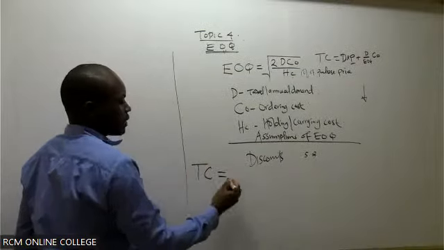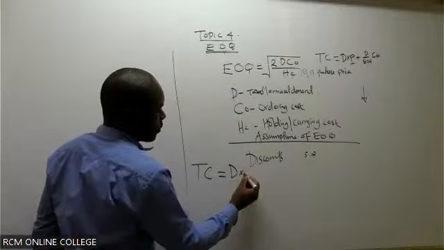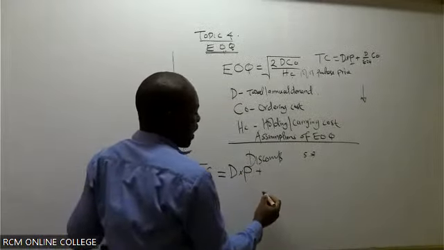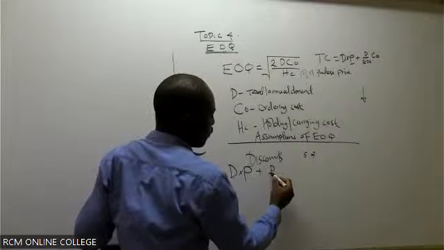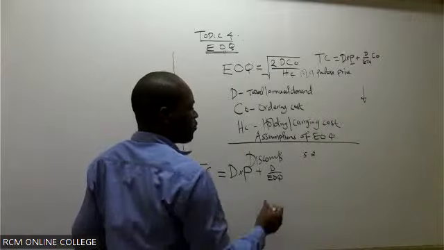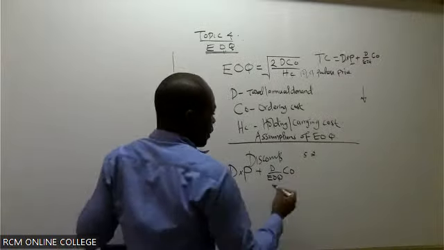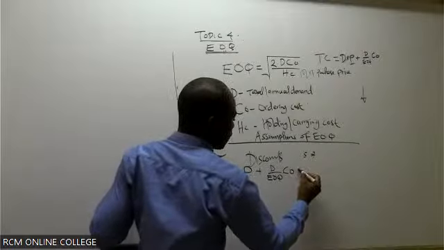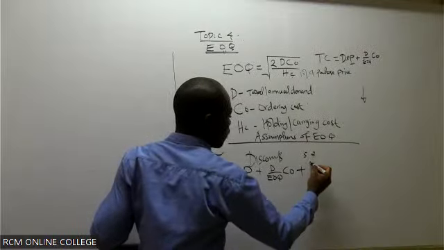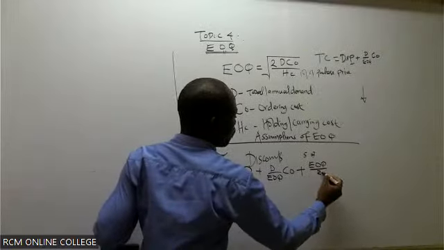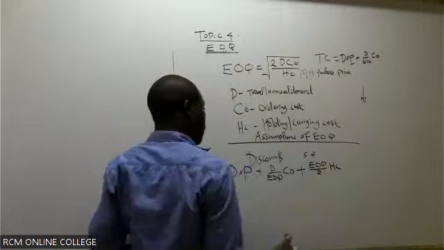is calculated as demand multiplied by purchase price, which will not change. Then to that we add demand divided by economic order quantity to give us the number of orders, then we multiply by the ordering cost for each order. To that we add economic order quantity divided by 2, then multiply by holding cost.